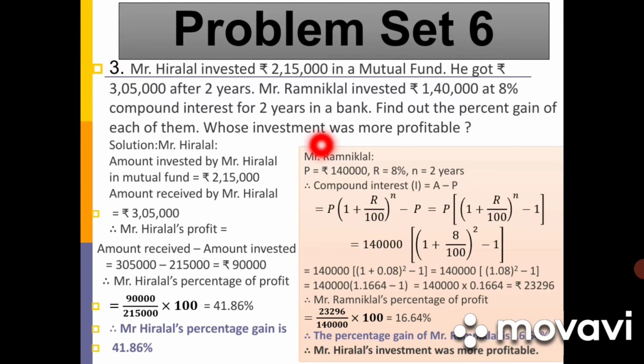41.86%. Now let us find the profit of Mr. Ramniklal. Principal is equal to rupees 1,40,000. Rate of interest is equal to 8%, and number of years is equal to 2 years.